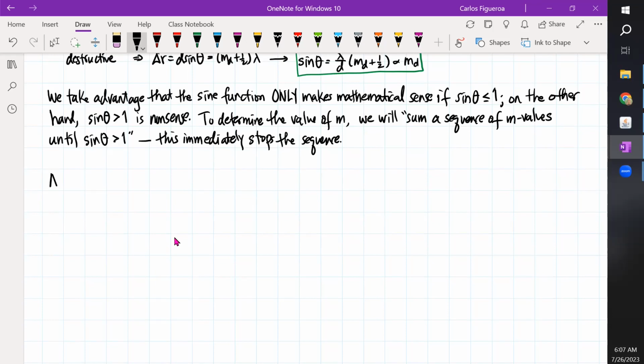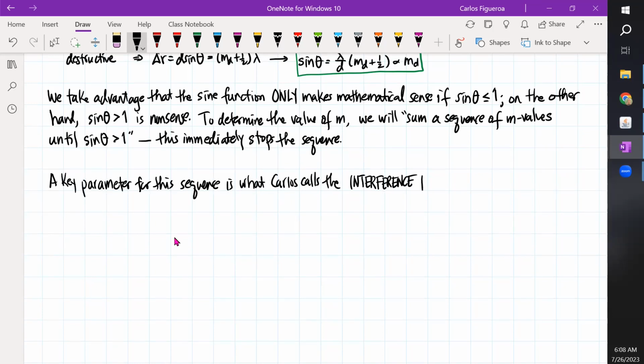So a key parameter for this sequence is what Carlos calls the interference parameter. If you were to Google this, you wouldn't find anything.